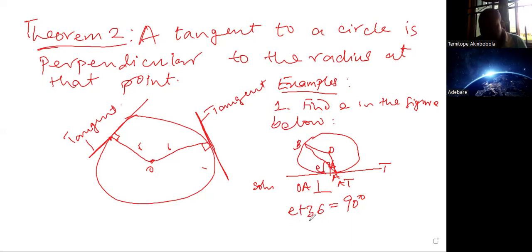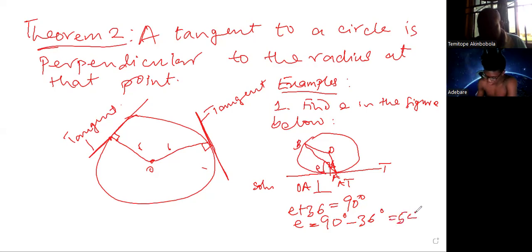So E plus 36 is 90. So E will now be 90 minus 36, and that gives us 54. So angle E is 54. Is that clear? Yes, sir. Okay.